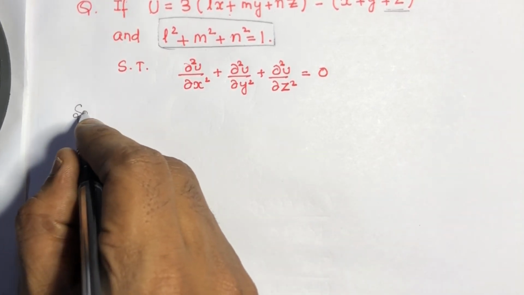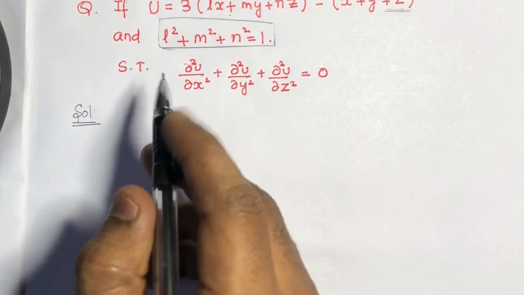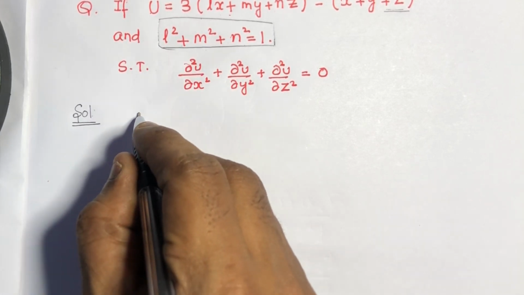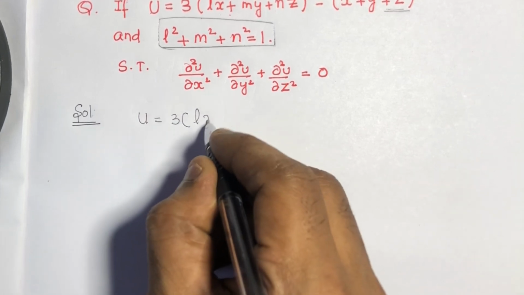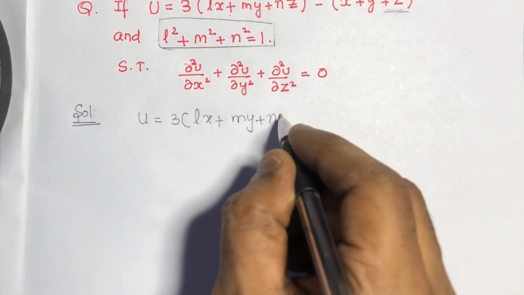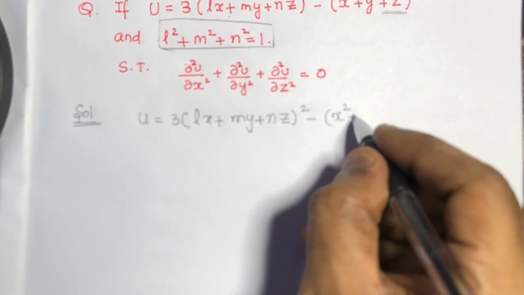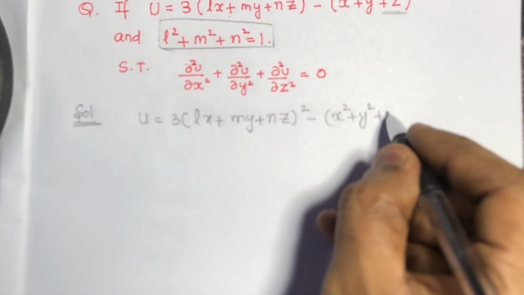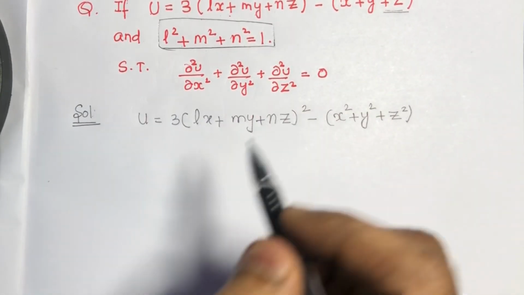Now, first, take the given function as u equal to 3 times (Lx plus my plus nz) whole square minus (x square plus y square plus z square). So this is the given function.